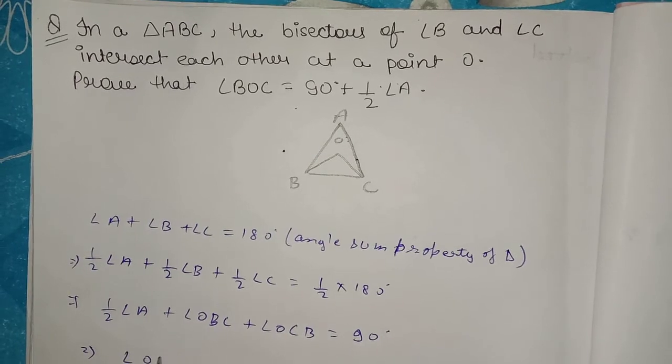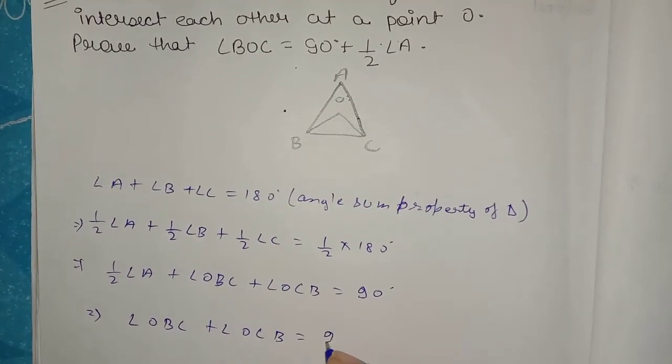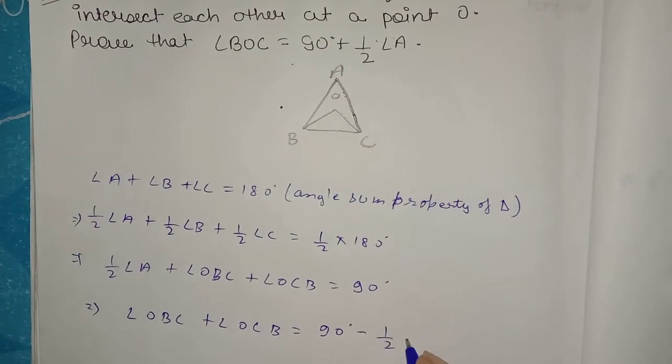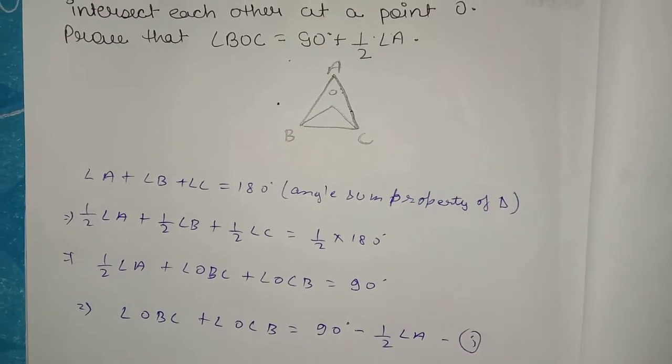So angle OBC plus angle OCB is equal to 90 degree minus half angle A. So here is our first equation.